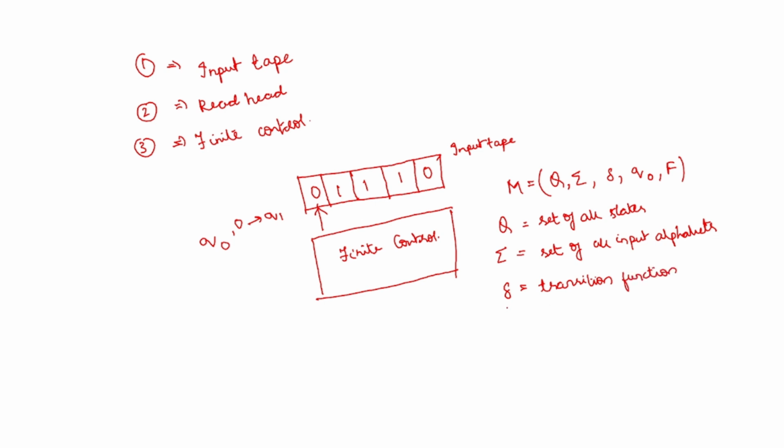And the transition function helps decide which state we have to go to when we encounter a particular alphabet. And q naught is our initial state, and we have only one initial state in any finite automata. And F is a set of all final states.